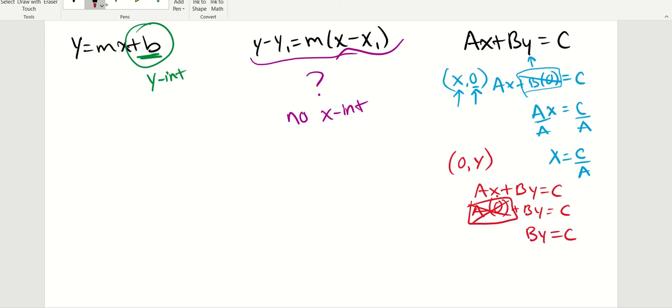So because we're solving for y, we want to get rid of the b, which is the coefficient. So we will divide by b, because right now we're multiplying y times whatever number that is. So when we divide, we get rid of it. So now we have y equals whatever your c value was divided by your b. Once again, if this makes no sense, at least remember that your x has to be a 0. So therefore your y is your y-intercept.